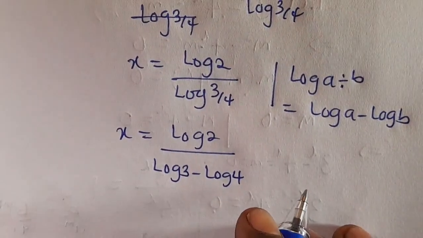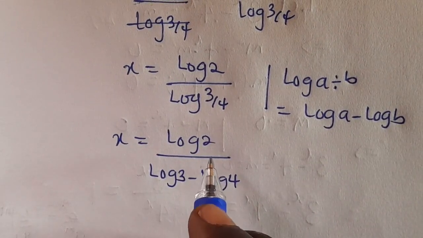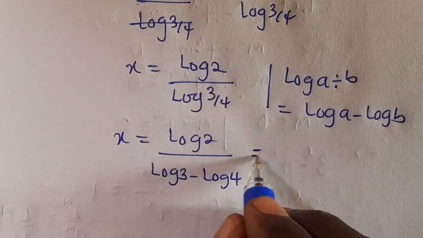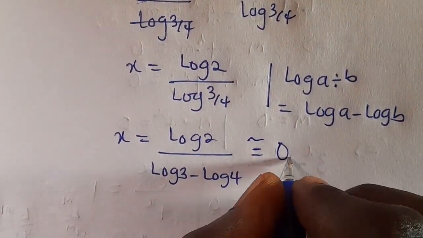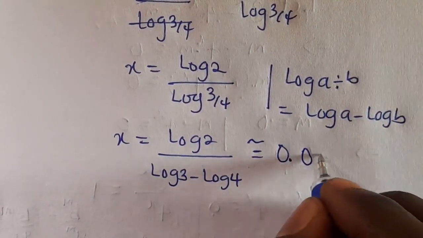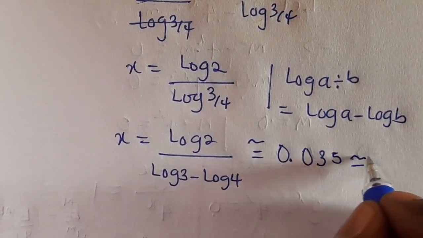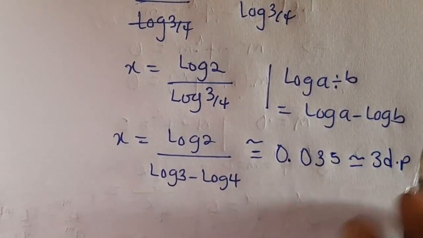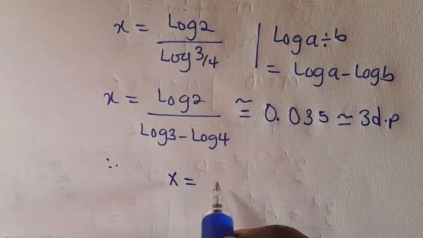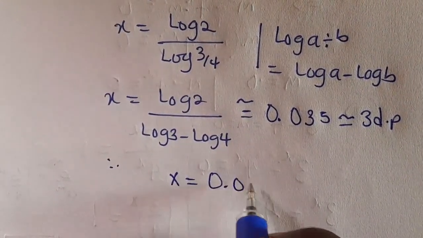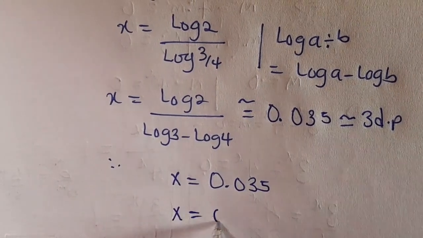So now, by pressing this one in the calculator, we have the answer to be approximately 0.035, approximated to 3 decimal places. So therefore, we have our x to be equal to 0.035, and we also have our x to be equal to 0.